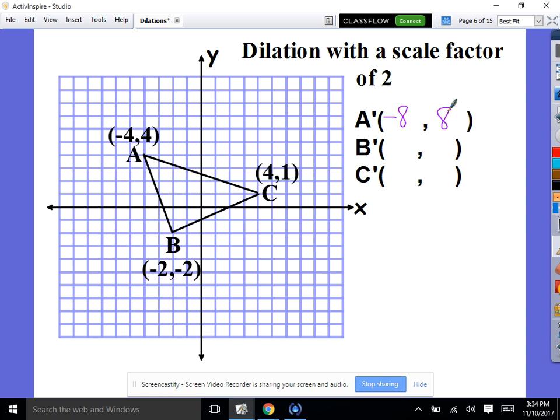B, if we multiply -2 by 2, then B prime becomes -4, -4. And C, if we multiply 4, 1 by 2, C prime becomes 8, 2. Do not forget to write down rule is multiply by scale factor.